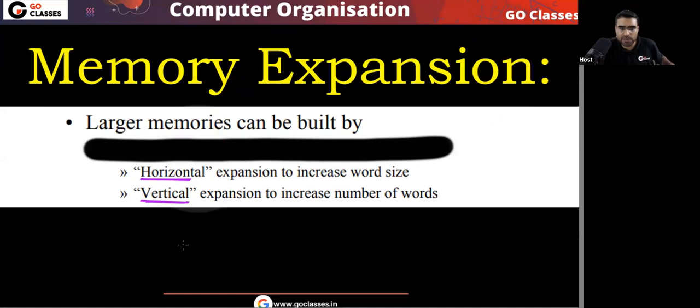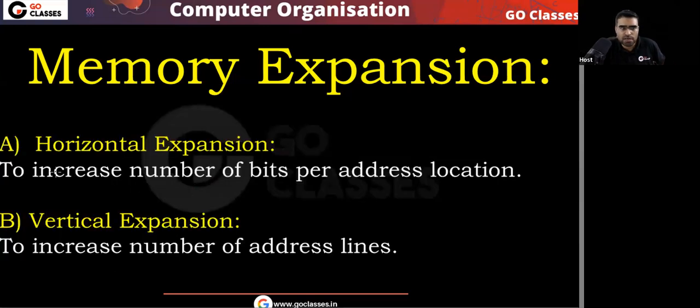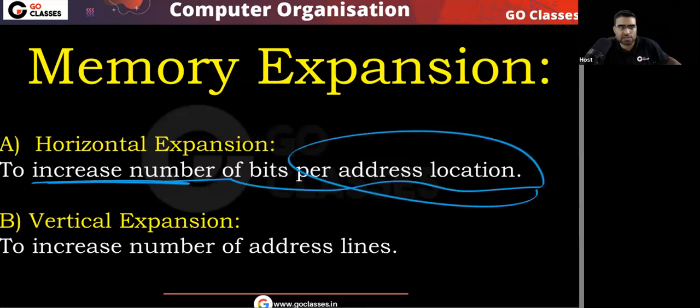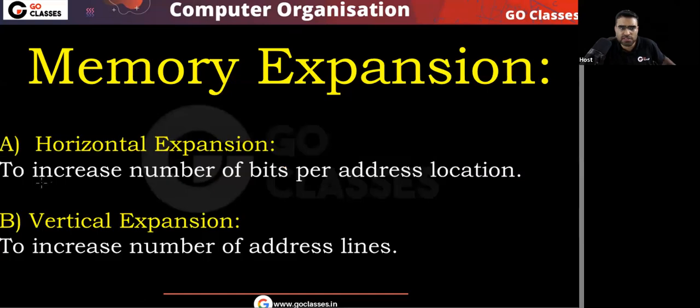In horizontal expansion, we increase the number of bits per address location. On every address location, we want to increase the number of bits.